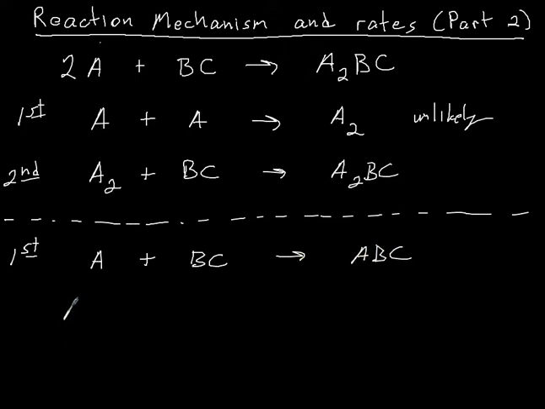Then that intermediate ABC combines with the other A particle that we didn't use in the first step, and that produces our A2BC product. Looking at these two possible mechanisms, I would say the first is unlikely and this one is more likely. Not that this is the mechanism, but it is more likely.